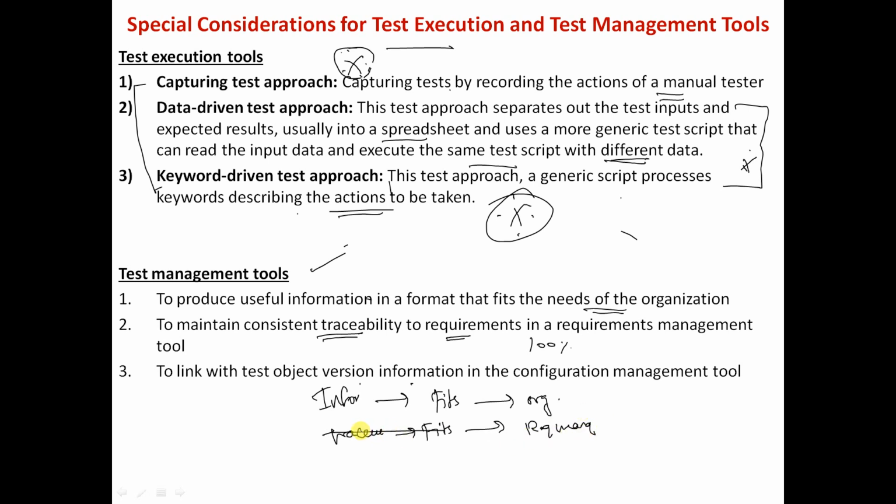Then the version should fit with the configuration management. So this is the organization's need, this is requirement management, and this is configuration management. That's it. This is all about the test management tool, and this is what you need to remember.